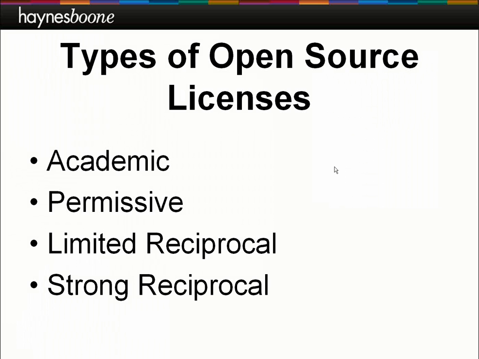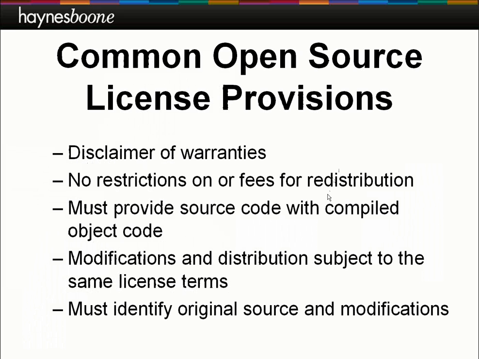For a strong reciprocal license, both the original code and any code that you add to it, for various technical legal definitions of add to it, must be licensed under the reciprocal license. Now this gets pretty complicated, and in fact, this is usually the most complicated portion of an open source lawyer's job. Where does your code start and their code end? Well, it really has to do with two terms of art under copyright, called collective works and derivative works.